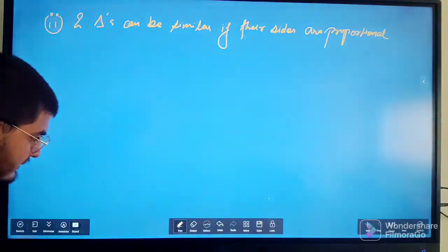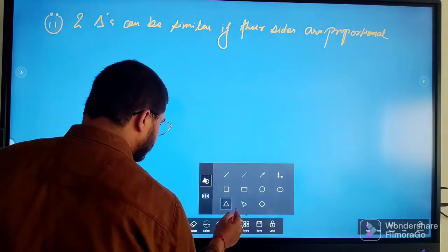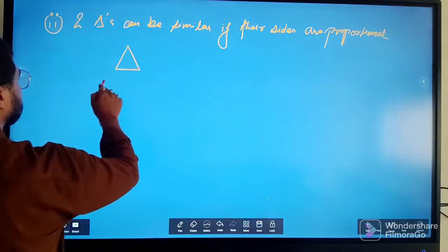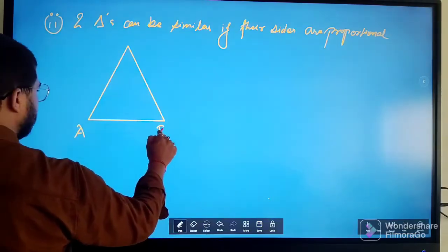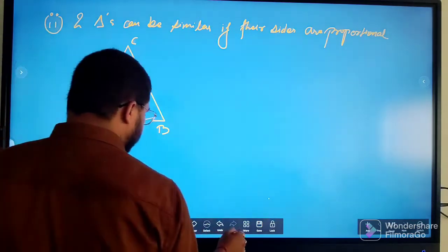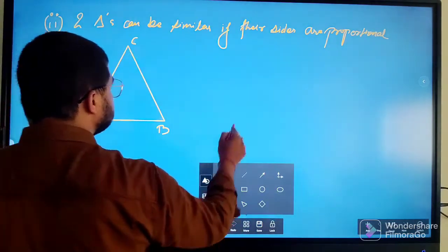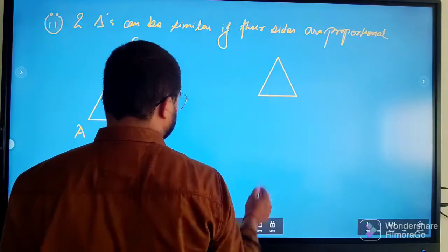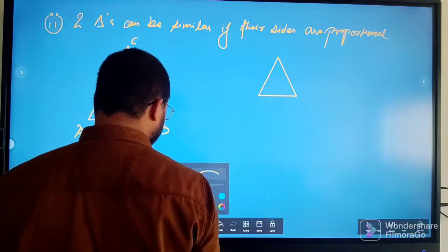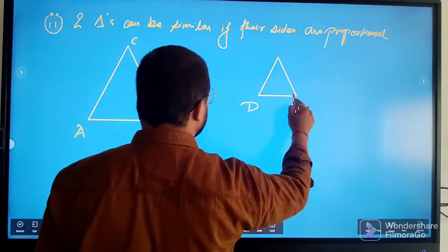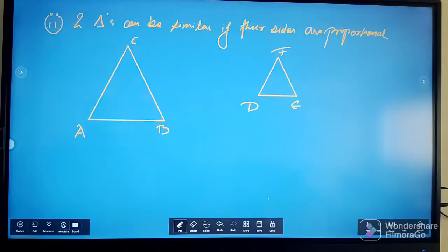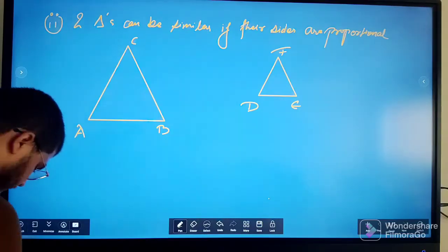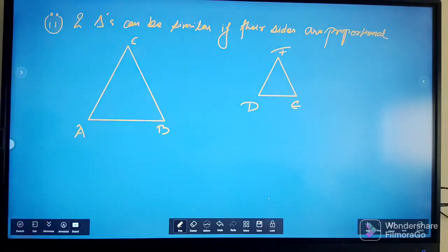So what we mean here is that if there is a triangle, let us name this triangle as A, B, C. There is another triangle, let us name this triangle as D, E, F. These two triangles can be said to be similar if their sides are proportional. By proportionality we mean that the ratio of their corresponding sides should be equal.